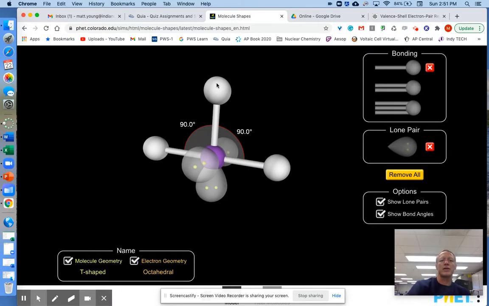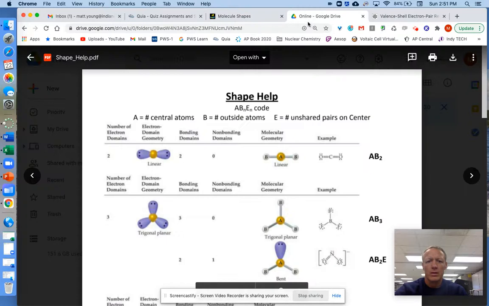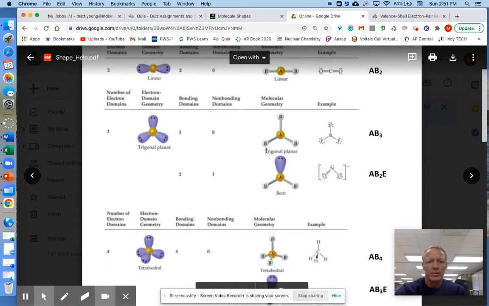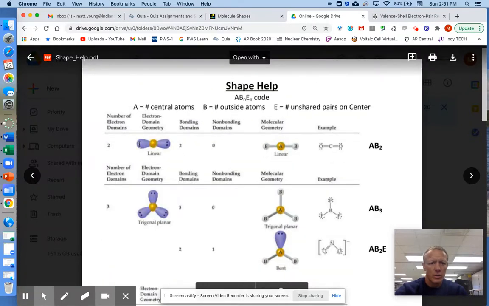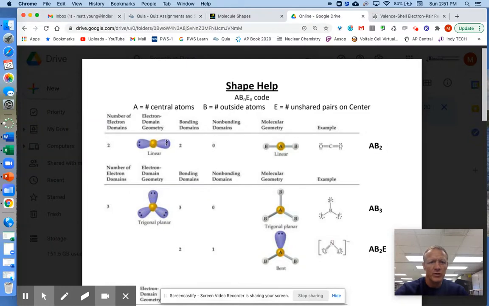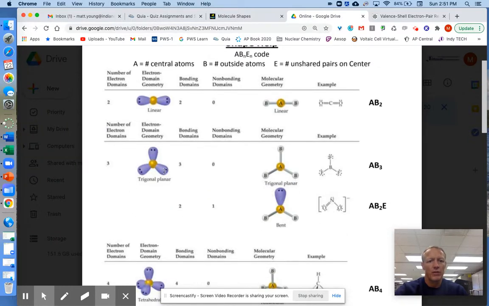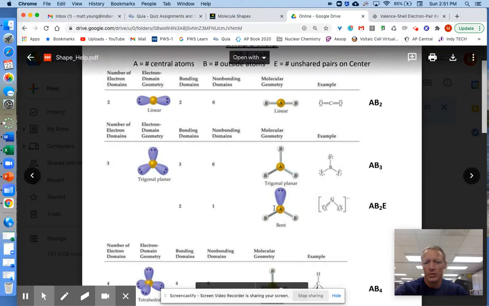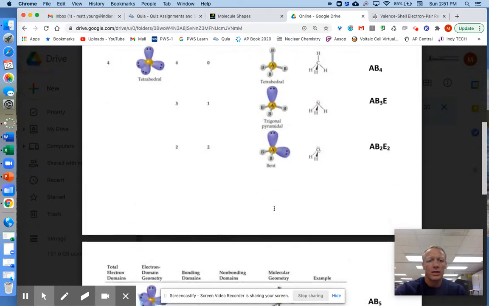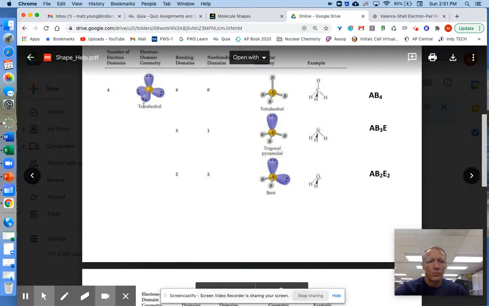We won't do as much with the expanded octet ones, but that was a brief run through. Refer to your shape sheet as you're doing things. So linear, whenever there's 2 pairs around the central element. 3 pairs on the central element is trigonal planar for electron geometry. There are 2 molecular geometries. When there are 4 electron pairs, it's tetrahedral for electron geometry.